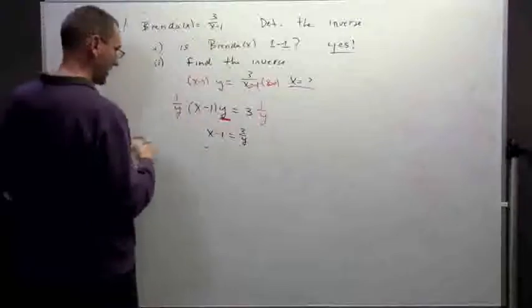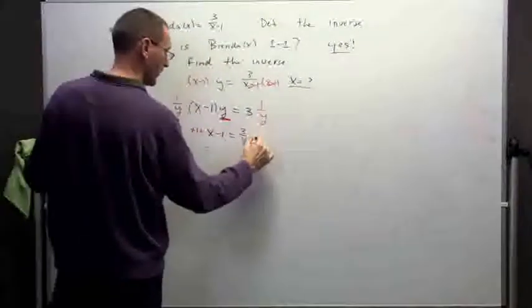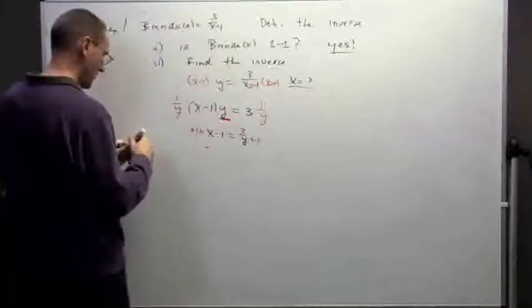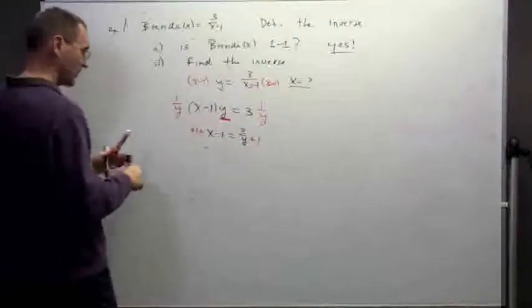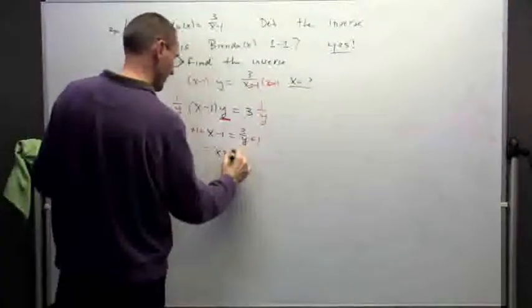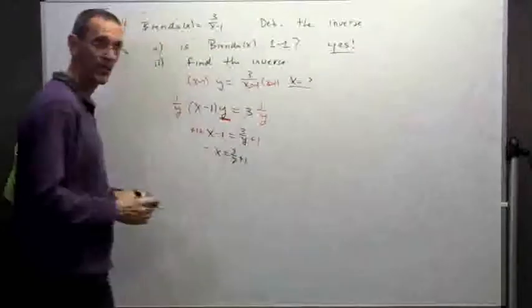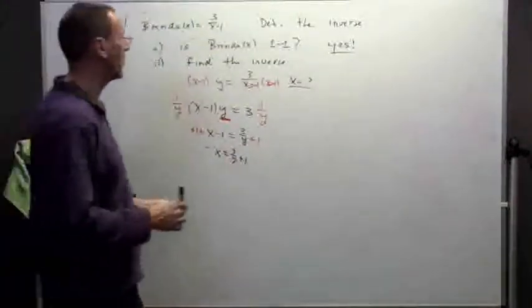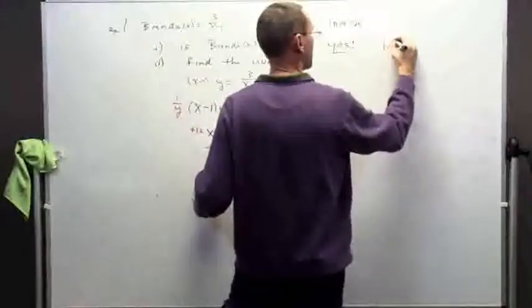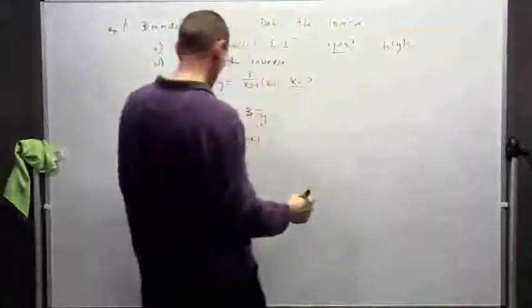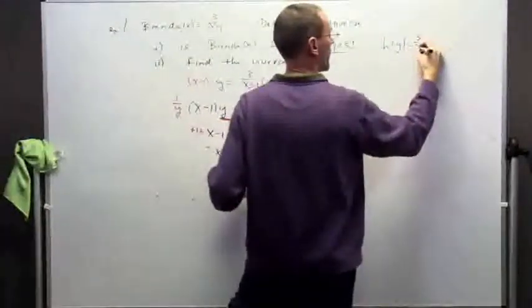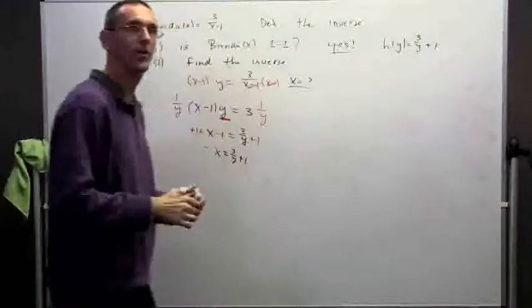And now I want to get x by itself, so I'm going to add 1 to both sides. So the 1 minus 1 cancels, goes to 0. So I get this. So now let me call this inverse h. H of y then is 3 over y plus 1.